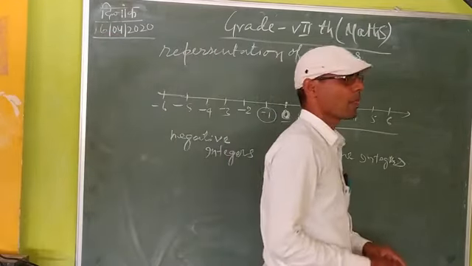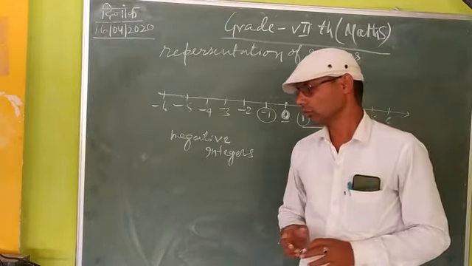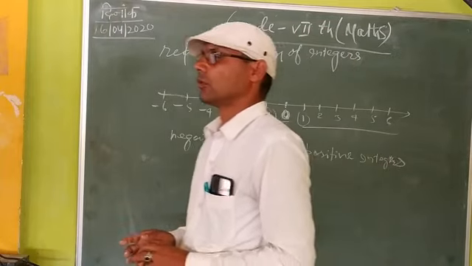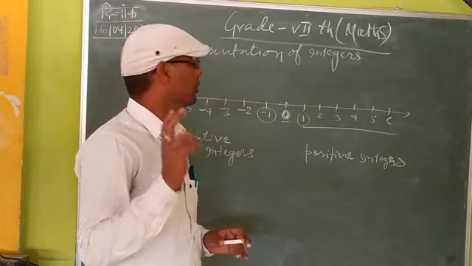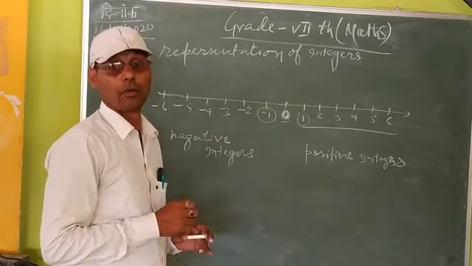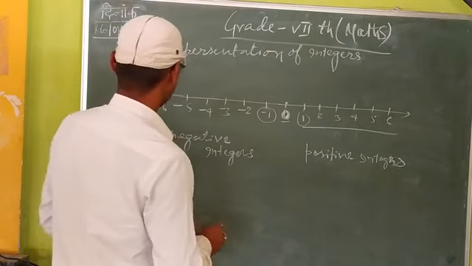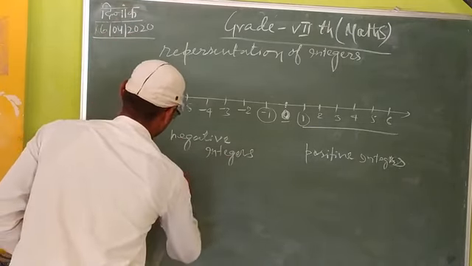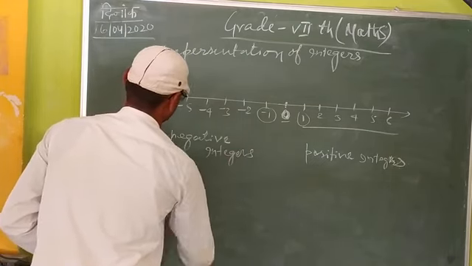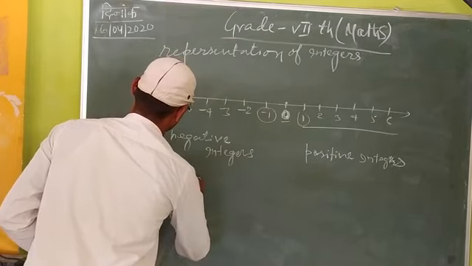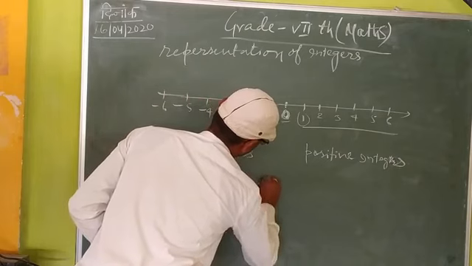At first, we have to try to add or subtract integers through the number line. How can we add or subtract? Look, addition of integers.